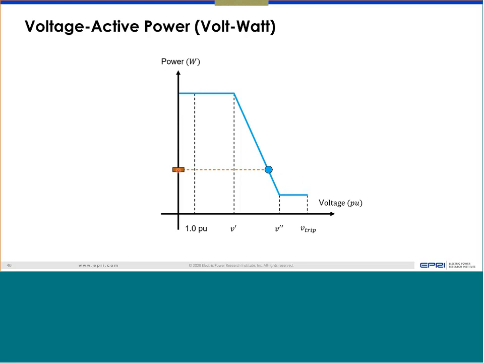If you go back, it was generating this much power, and assume that there is no change in the DC. If the voltage goes up, it has to reduce the power from there and go here. If the voltage goes back, power can go back if the DC power is still available. So that's what this function means.